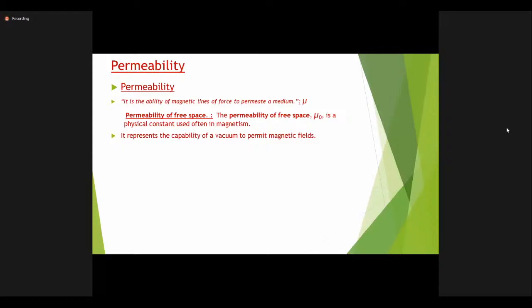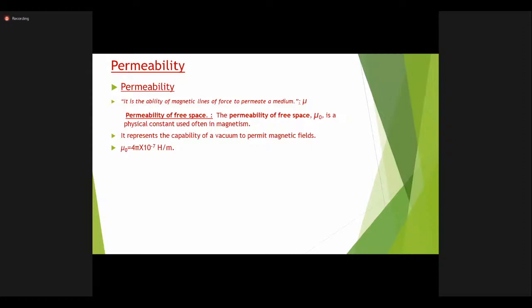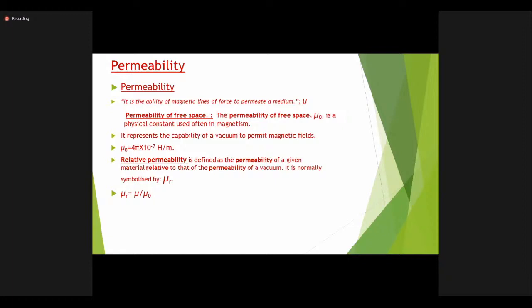It is a constant given by 4 pi into 10 power minus 7 Henry per meter. As we have relative permittivity, we have relative permeability, given by permeability divided by permeability of free space. Mu r equal to mu by mu naught.